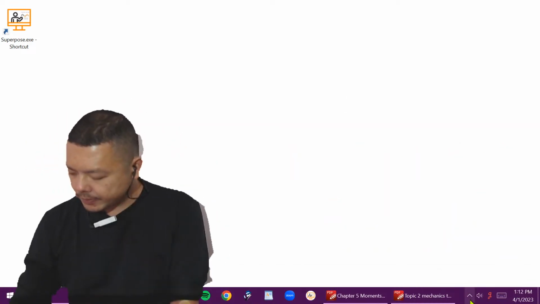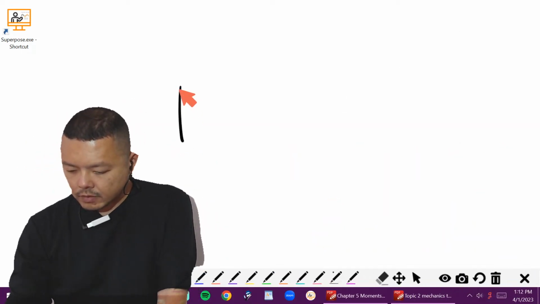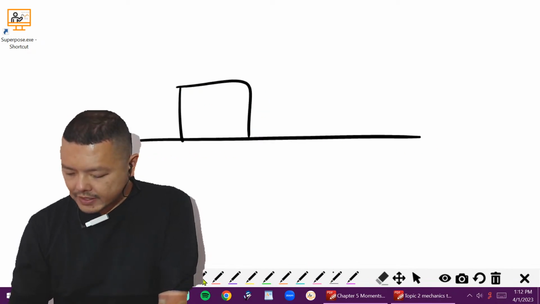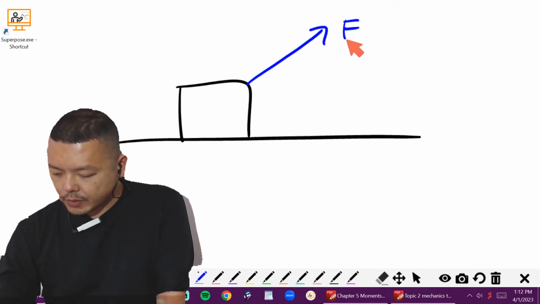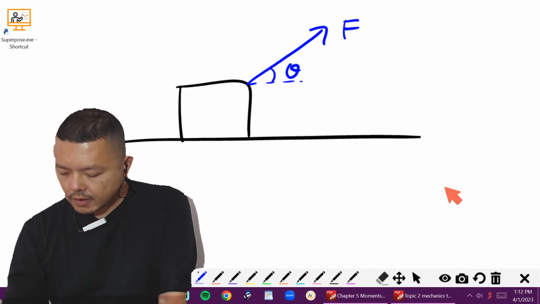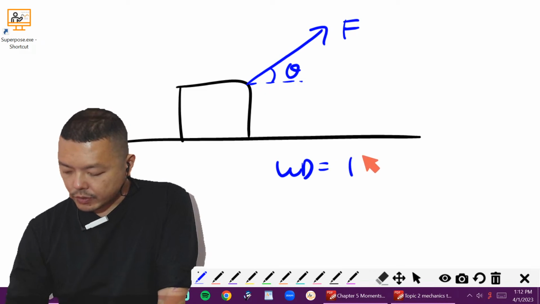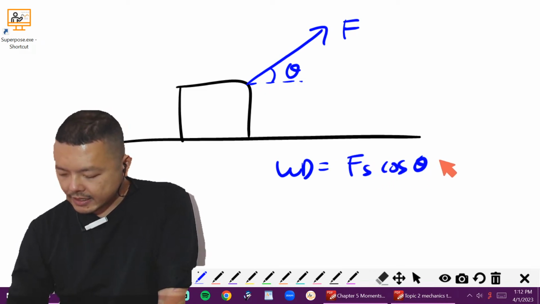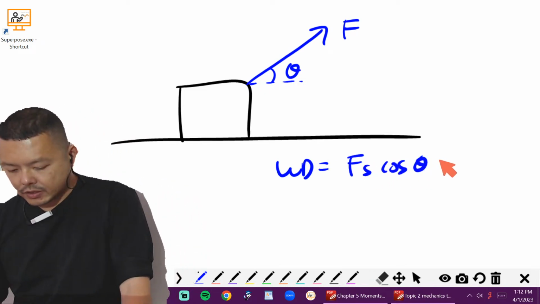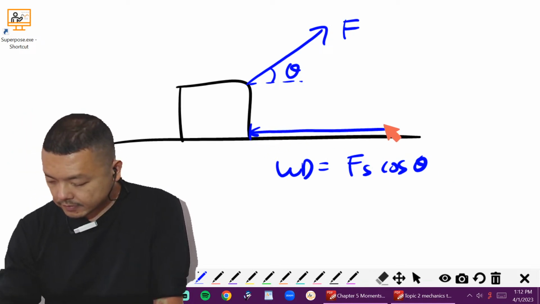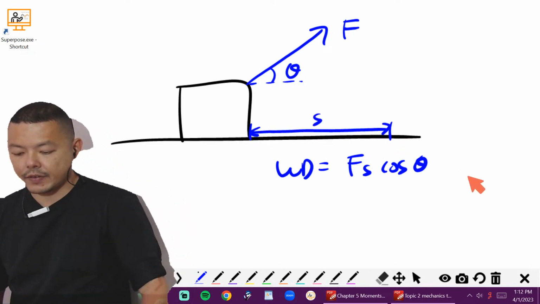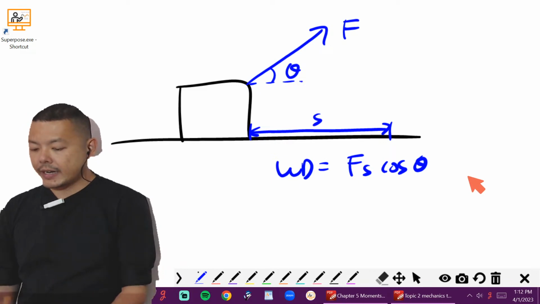Next scenario. Okay, so obviously in the data booklet, you do see this equation. They tell you the work done is equal to Fs cosine theta. You see that equation. Do you know why the equation is written like that?